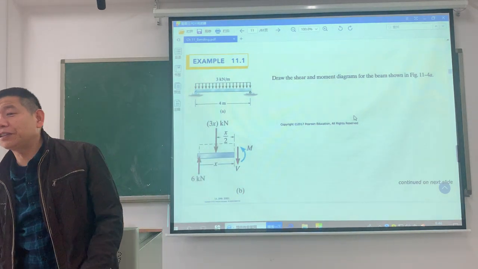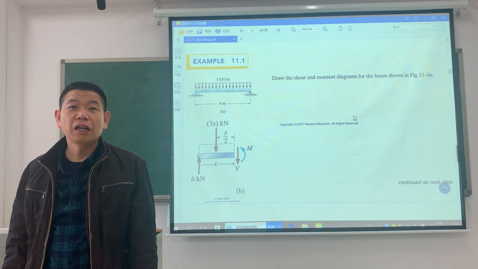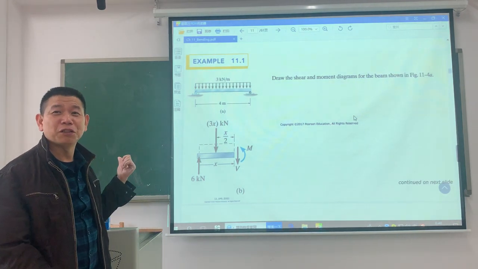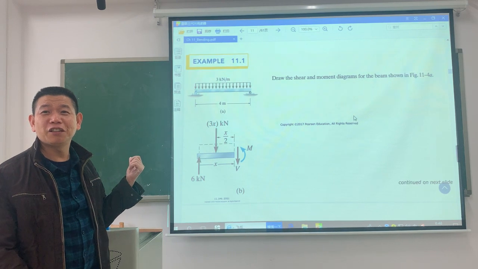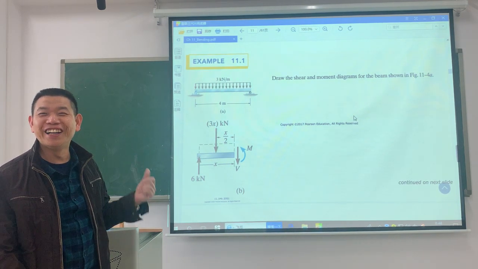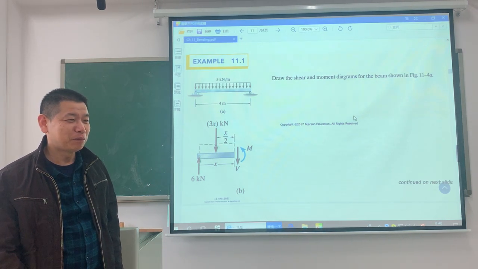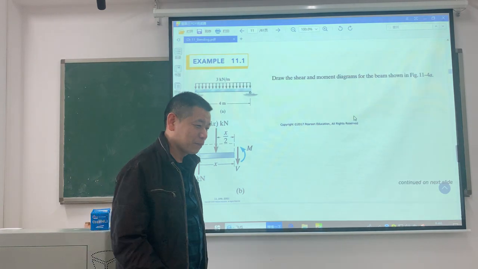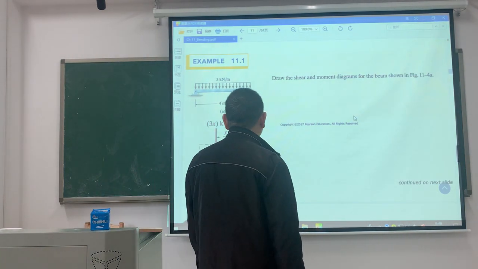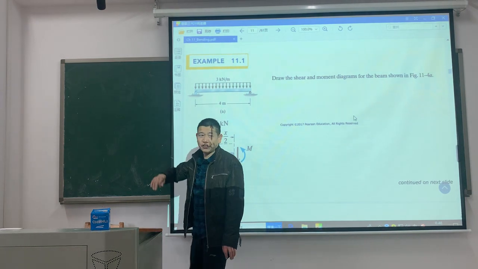Do you know how to find the reactions for the problem? Come to the blackboard. Can you write the answer on the blackboard for me? At first, I asked you to find the reactions.